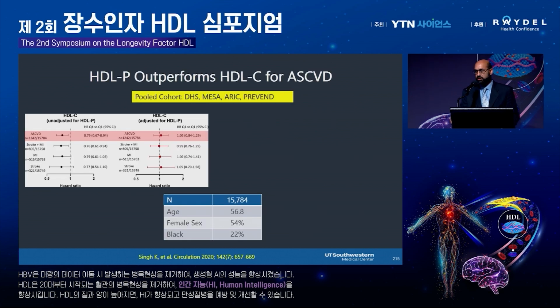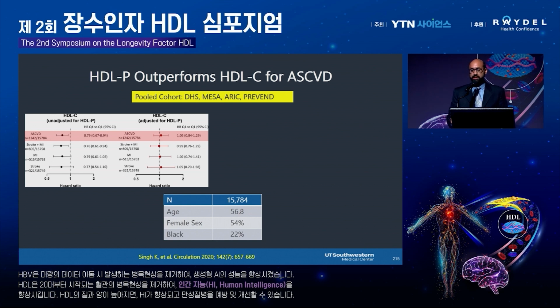So as I had mentioned before, HDL particle number is only modestly correlated with the cholesterol content, and it equally weights across all of the HDL subclasses. So we hypothesized that this would be a more reliable biomarker for predicting cardiovascular disease risk.